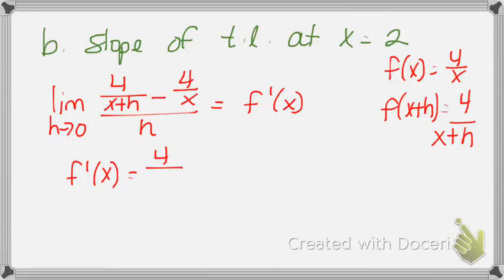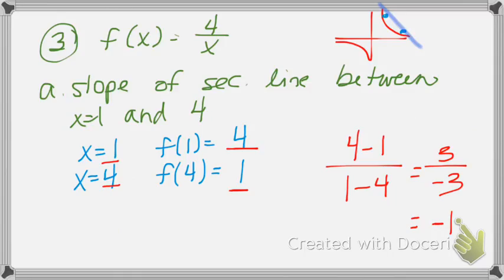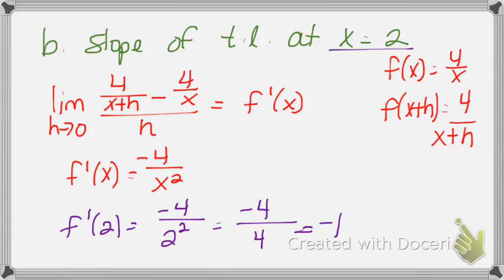You should get negative 4 over x squared. If you want to check that and make sure you understand, that would be okay. That's called the formula for the derivative, or f prime of x. So to actually figure out the slope at x equals 2, well, I'm going to plug a 2 in for x. So I get negative 4 over 4, which is negative 1. So that's the slope of the tangent line at 2. Again, it makes sense because 2 is over here between those. It's still a negative slope there, and I got a negative, so that's great.